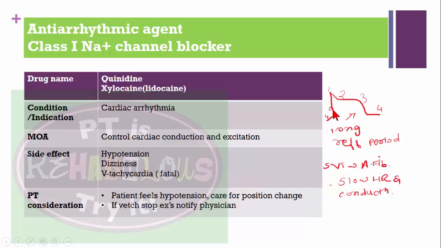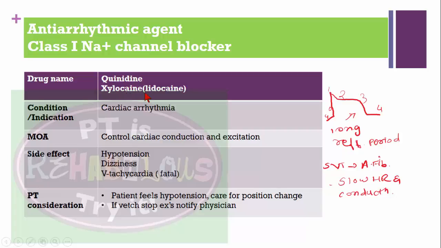If we slow the depolarization phase, we get a longer refractory period, so there is slowing of the heart rate and conduction, and cardiac excitation is lower. That will control supraventricular tachycardia like atrial fibrillation. Drugs used for that are quinidine and xylocaine.